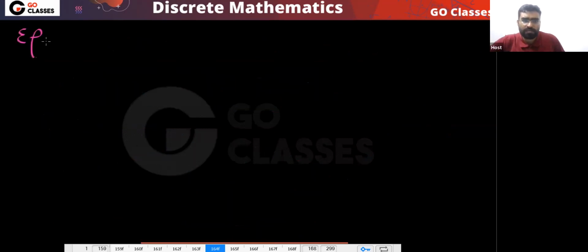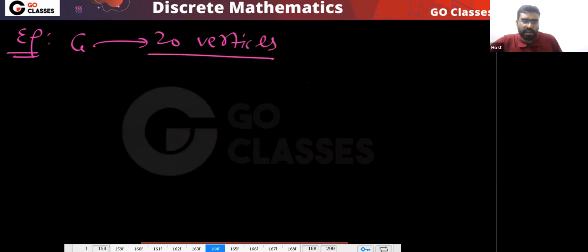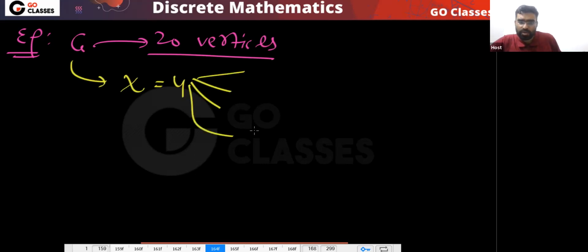For example, let's assume that you have a graph G, and in this graph G there are 20 vertices, and let's assume the chromatic number is 4. These are the 4 color classes. Red: in this color class, let's assume there are 5 vertices.